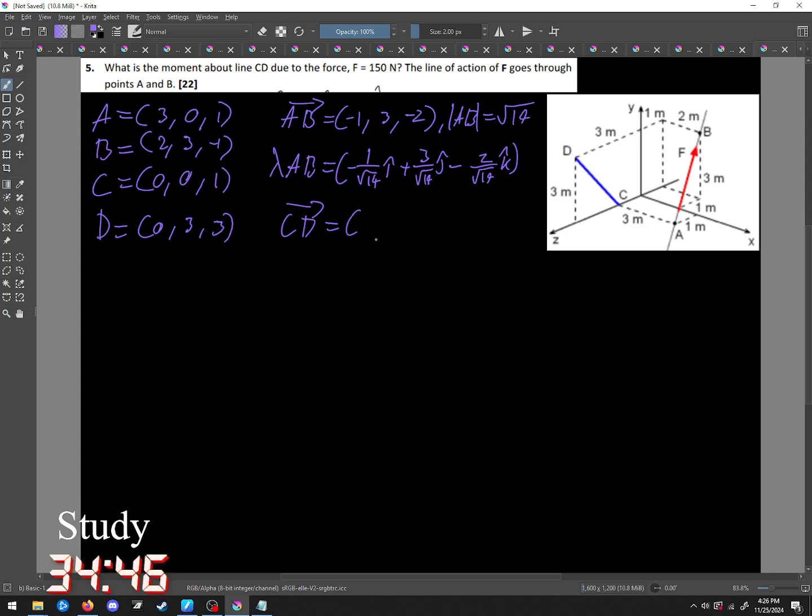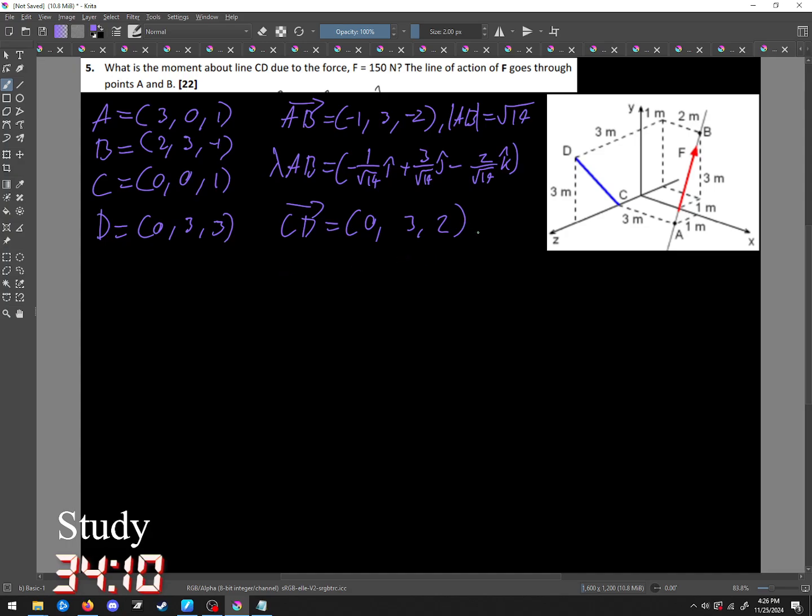Vector CD is going to be equal to 0, negative 3, 1 take away 3, negative 2. Wait, CD should be the other way around. D take away C, so it should be 3, positive 2. Yeah, okay.